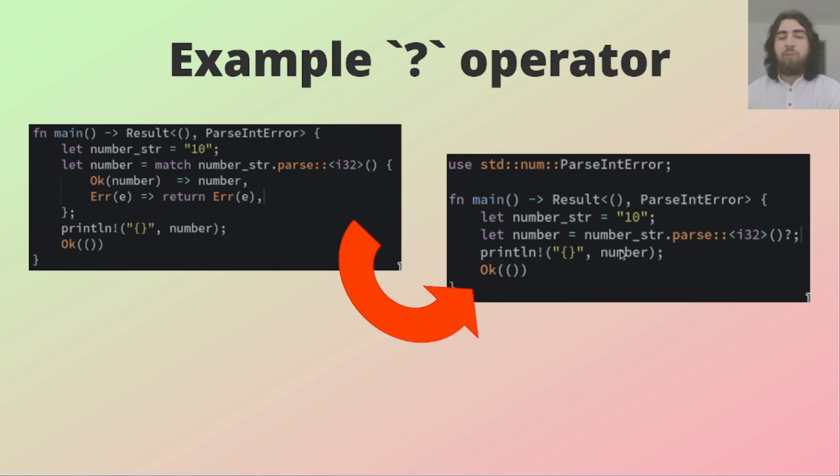Then we'll just print out the parsed number, and then we return a unit type, because remember, we are here returning a result, meaning we have to also return OK variant in case of success. But again, because we are in main and this would be the end of the program, we don't return any meaningful value, we return a unit type.